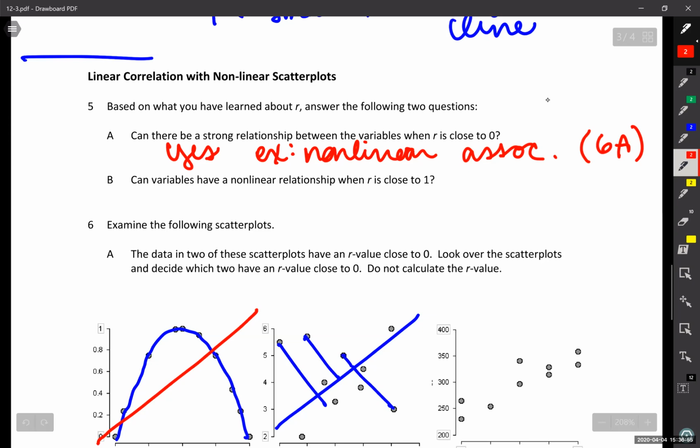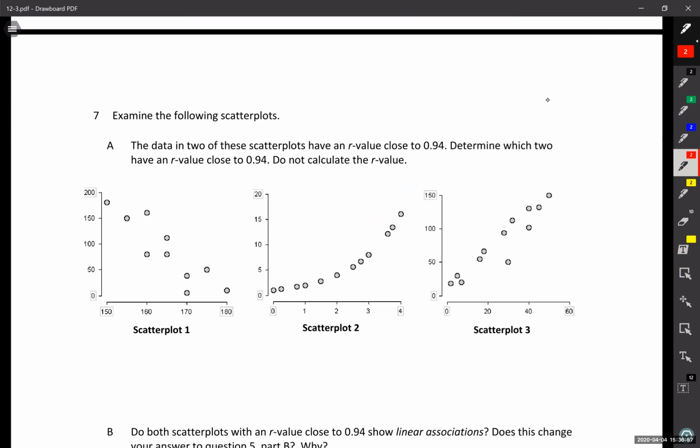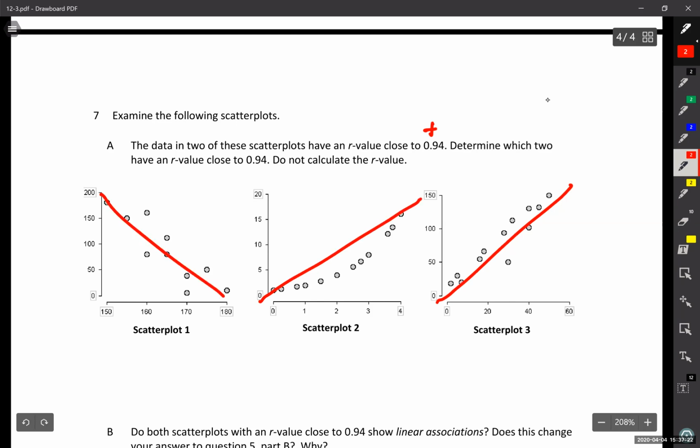So number 7 is talking about what 5B was talking about. The data in 2 of these scatter plots have an R value close to 1, close to 0.94. Determine which 2 that is and don't calculate it. So 0.94 is a positive number, so I want to know which 2 go up. Positive, positive, negative.